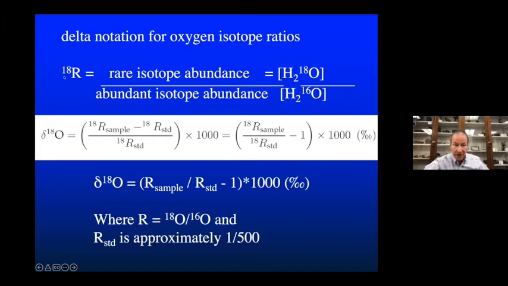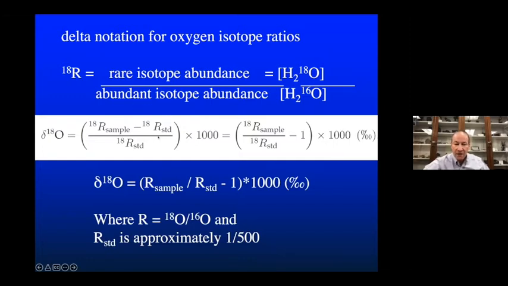Geochemists define something as the delta notation that takes this form. In this case, the rare isotope, O18, over the abundant isotope, O16, and put it in this format. The delta O18 is this ratio in some sample, a drop of water, a piece of shell, a tree, anything.